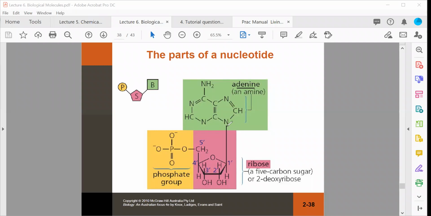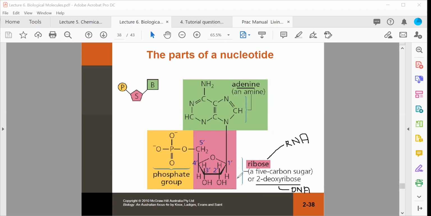That nitrogenous base is bonded to a monosaccharide, a sugar, and this particular sugar is called ribose. And because it's ribose rather than 2-deoxyribose, we know already that this nucleotide is found in RNA. Ribose, RNA. If the sugar was 2-deoxyribose, then we would know that the nucleotide would be one of the nucleotides found in this nucleic acid, DNA.